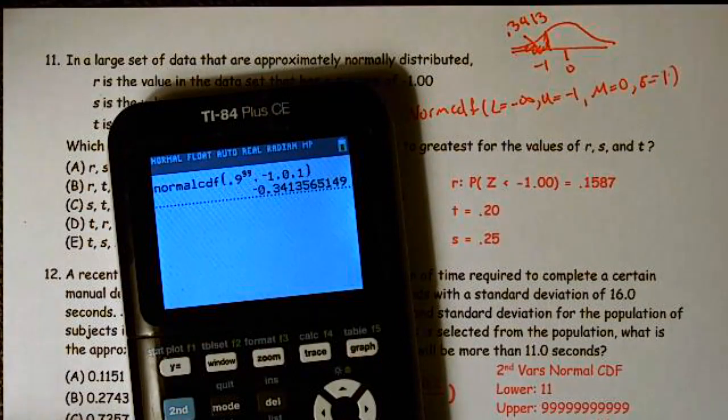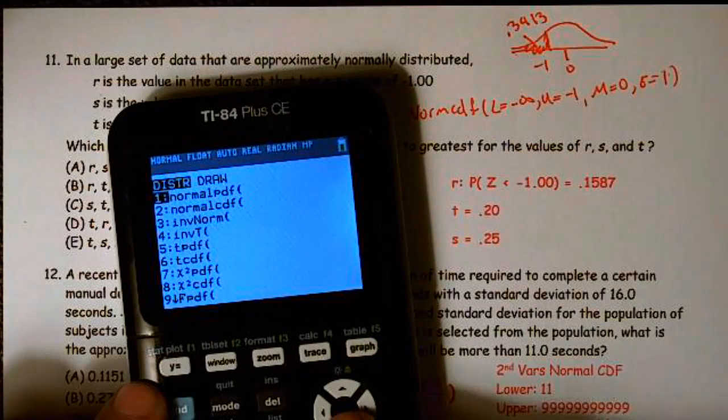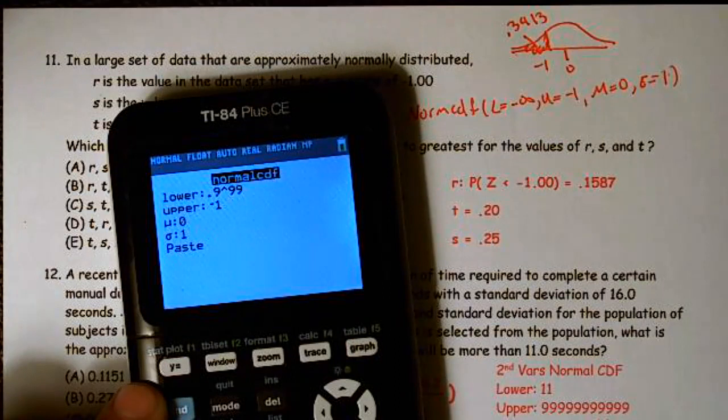Drop my pen. So what happened there? Go back and check that. Second vars, normal CDF, -9.99. There we go.